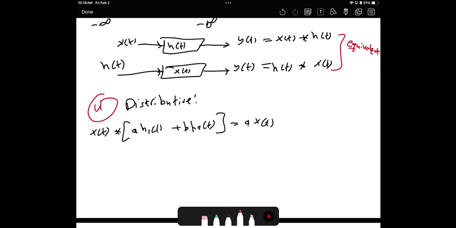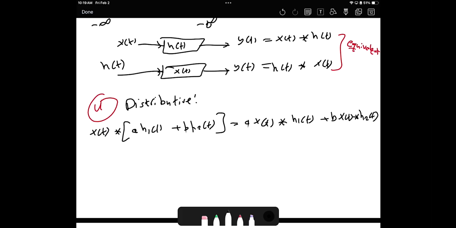You will do this one with this one, and this one with this one, the first term and the second term. So it will be a x of t, a is a constant, convolved with h1 of t, plus b x of t convolved with h2 of t. This is the distributive property.